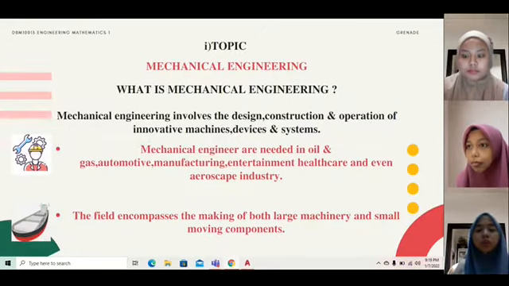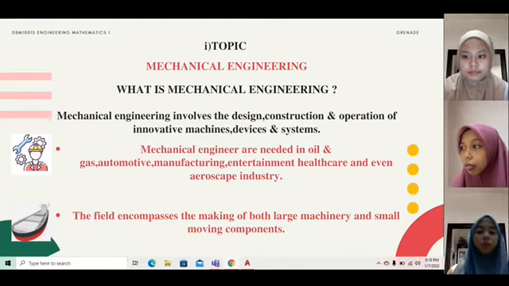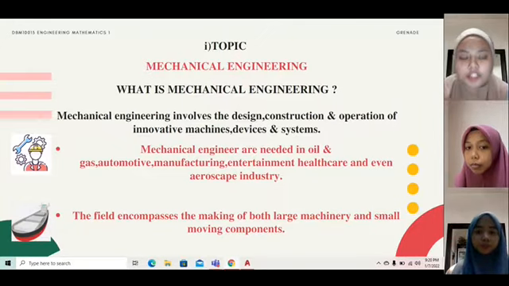Now, we would like to start our presentation with the introduction for the topic, which will be presented by Aisyah Maisarah. Thank you, Diana. So, the topic of mechanical engineering. What is mechanical engineering?